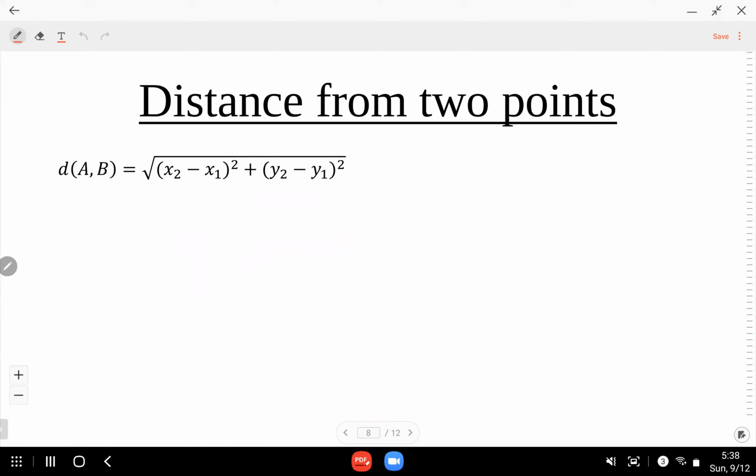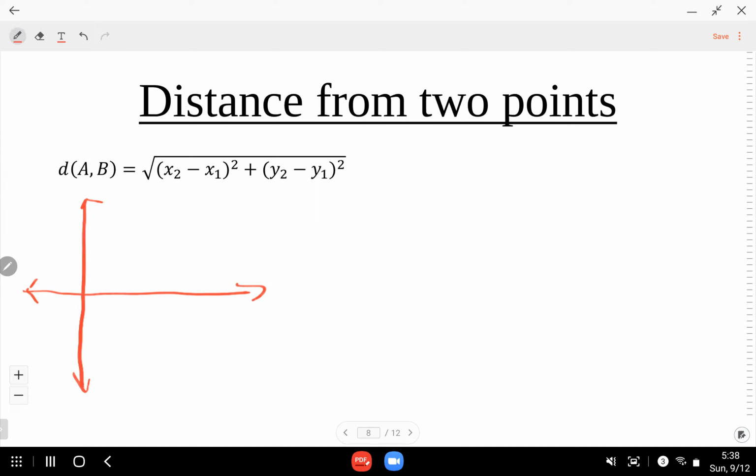So the distance between 2 points, the distance of A to B, is denoted as shown here. So how would you use this? If you wanted to find the distance between 2 points, all you need to do is use this formula.